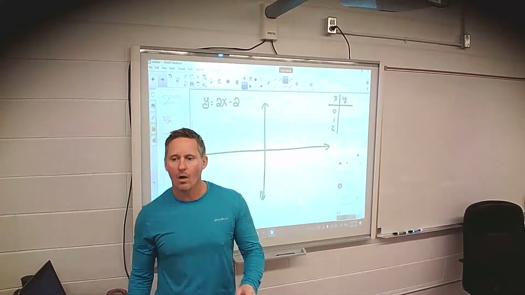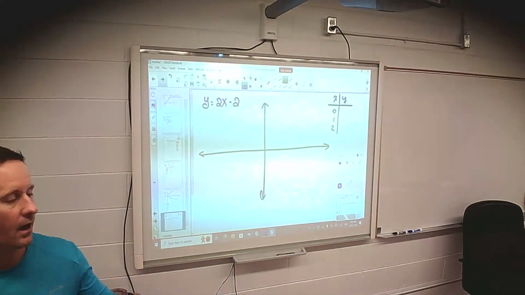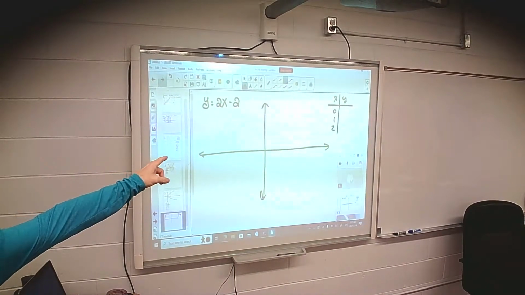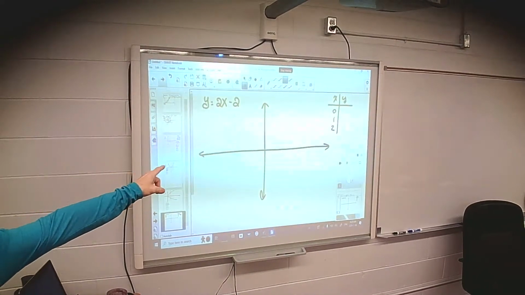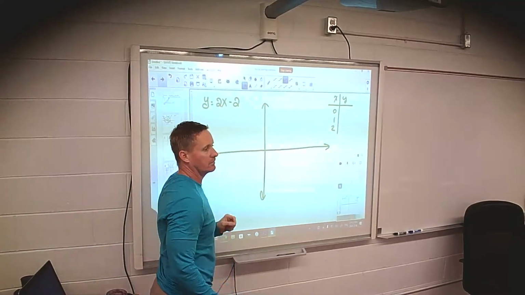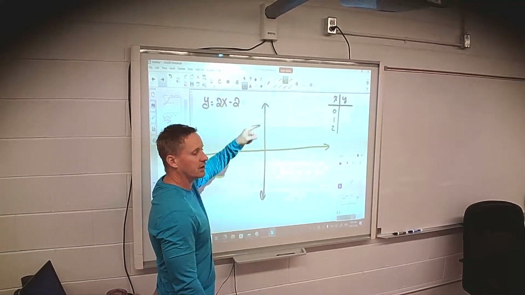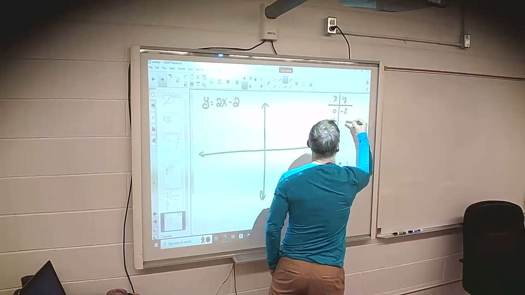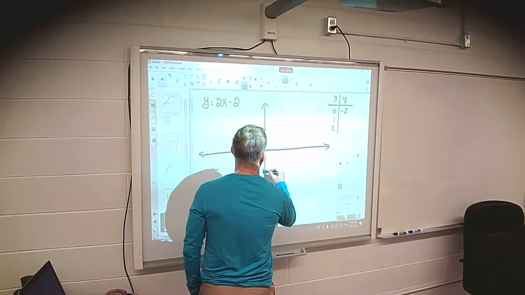To get my y value, I put that value for x into the equation, and then I times it by 2, and then subtract 2 from it. So what's 2 times 0? 0. 0 subtract 2 is? -2. So that goes here.